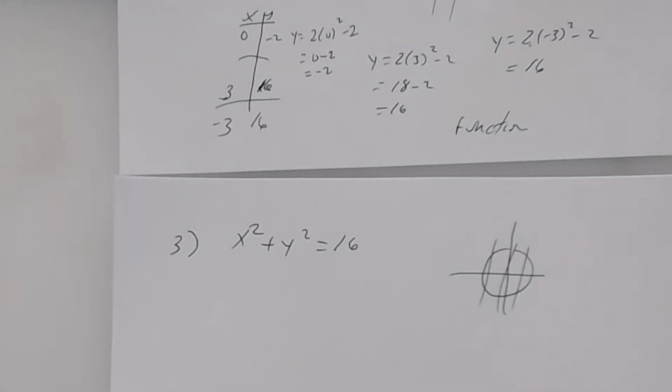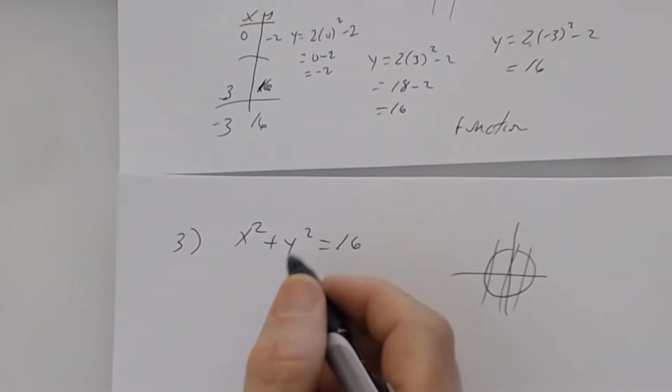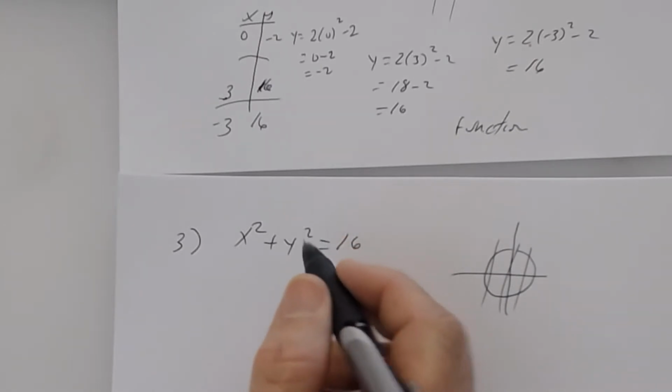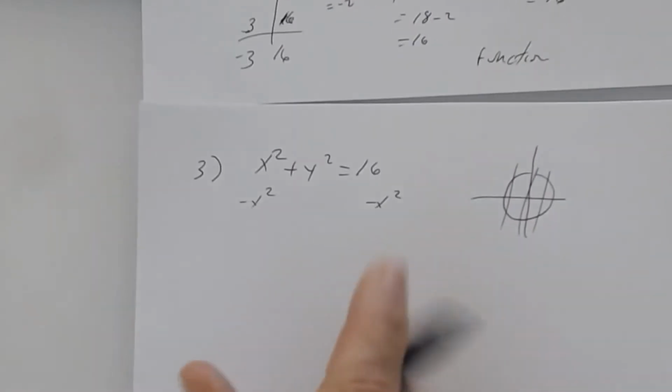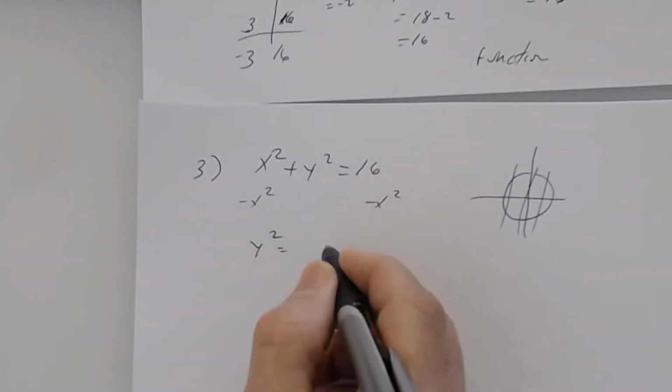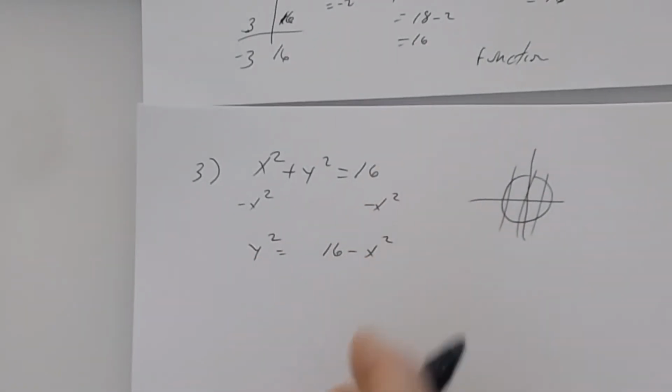But let's suppose for some reason you did not know it was a circle. Get y by itself. Now remember, this is not just y, it's y squared. But I still want to get y by itself. So I'm going to subtract x squared from both sides. And so I get y squared equals 16 minus x squared, right?